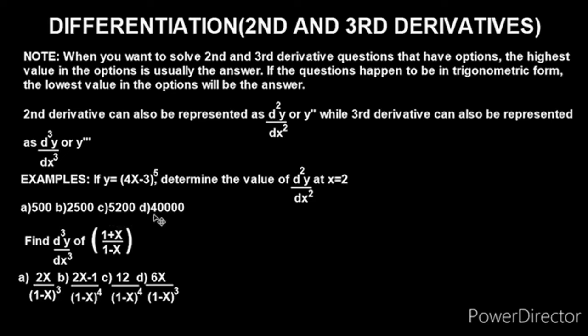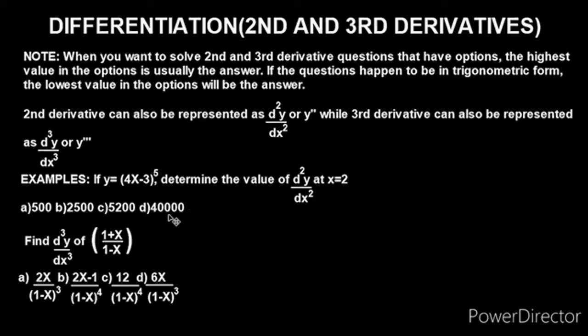Now, from the first points we noted, when you want to solve second and third derivative questions that have options, the highest value in the options usually answers it if the question does not involve a trigonometric symbol. You can see here the highest number is 40,000, which is the answer to this question.